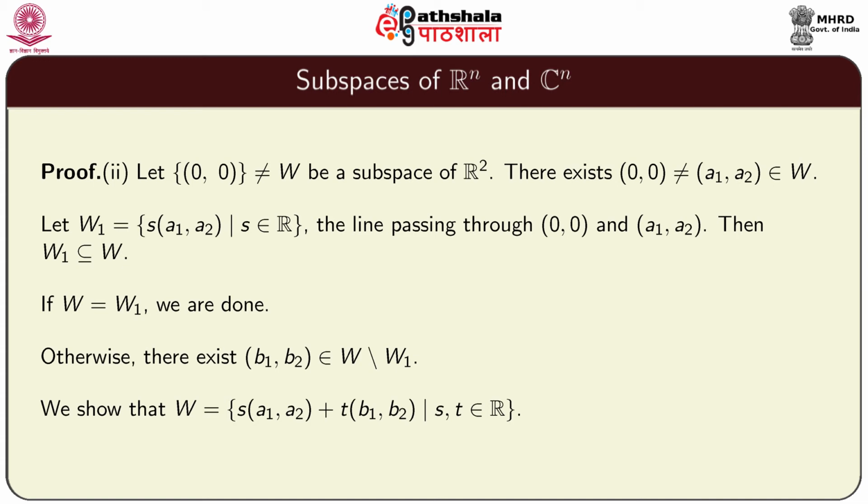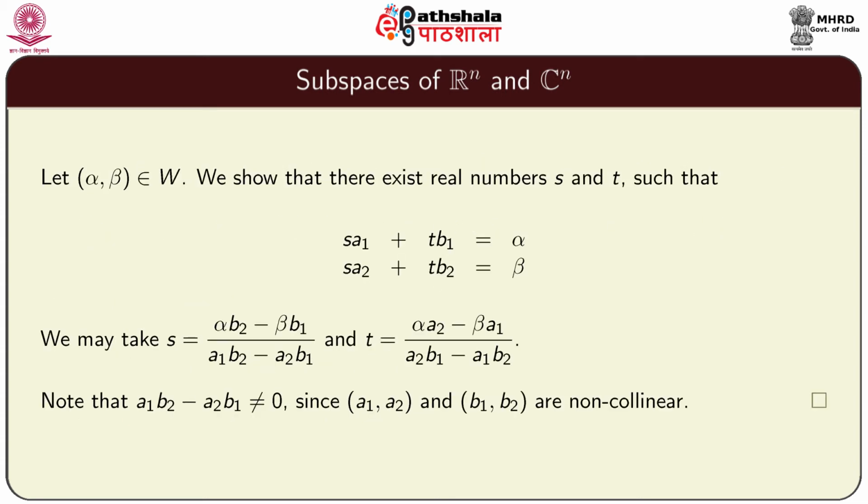And therefore, A1 B2 minus A2 B1 cannot be 0.